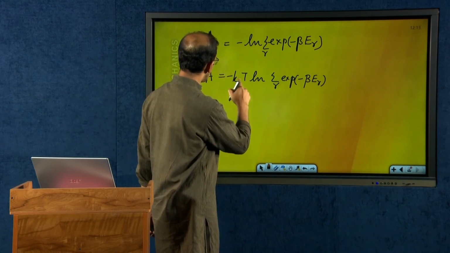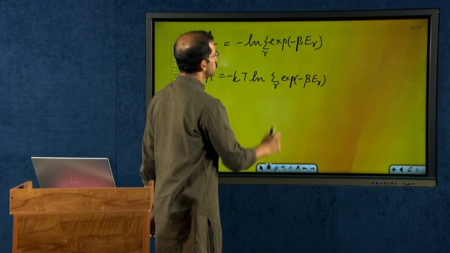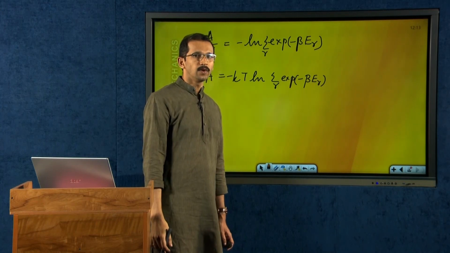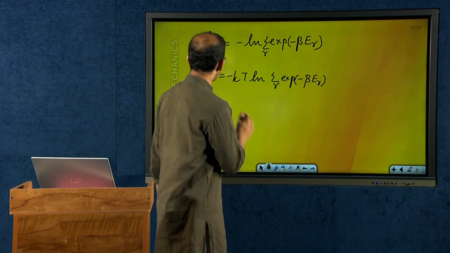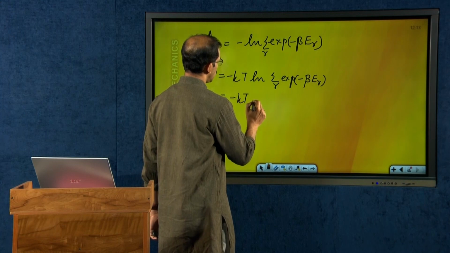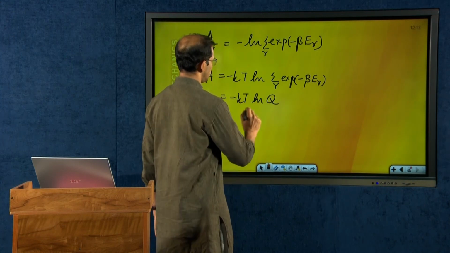This ln sum over R exponential minus beta E_R, we know this already. What is it defined as? We know that it is our partition function Q_N. So, therefore, I can write this as equal to minus kT ln Q.